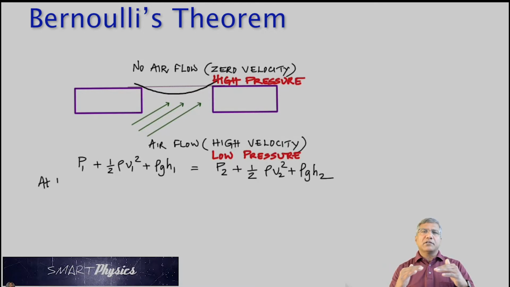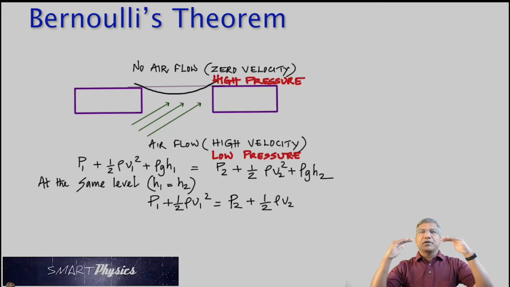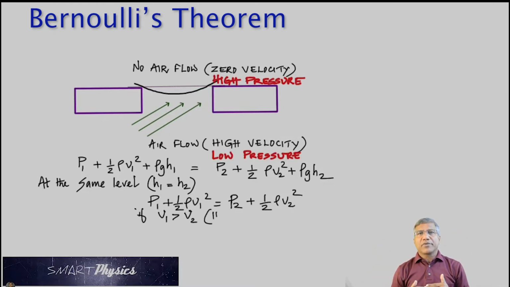Usually we consider points at the same height, which means the potential energies are equal. And so we can leave out the term for potential energy if H1 is equal to H2, for example, if the aircraft is flying at the same horizontal level.